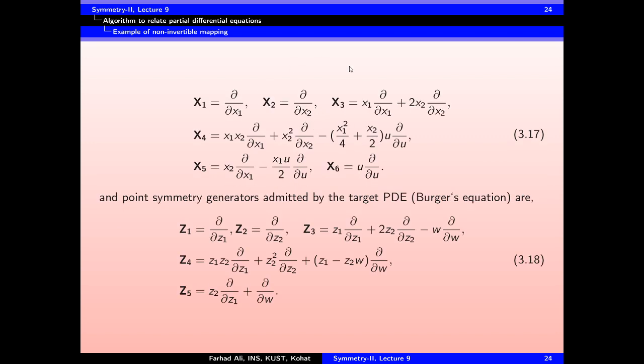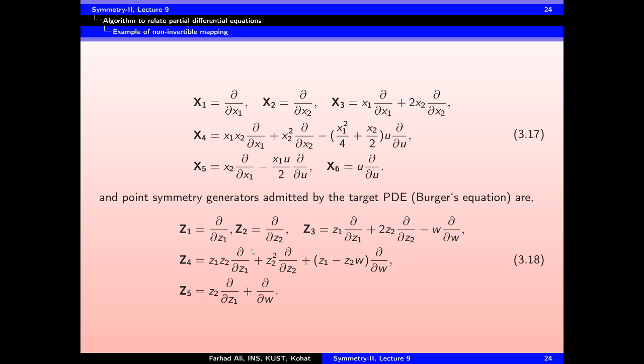These are the symmetries of the heat equation, 3.17. This system contains all the symmetry generators admitted by the heat equation. These are 6 in number, while the Burgers equation admits 5 Lie symmetries.